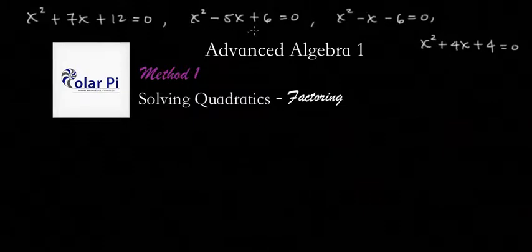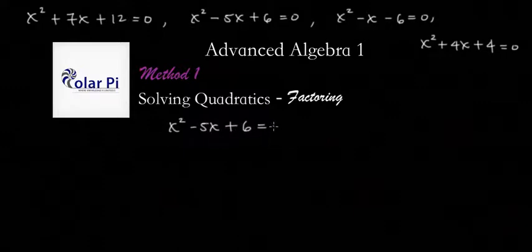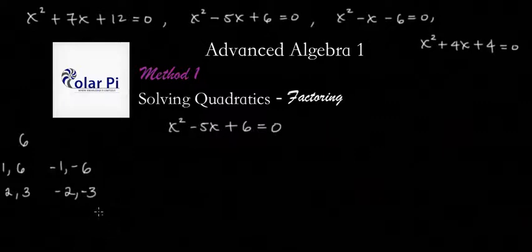So this one here, I write as x squared minus 5x plus 6 is equal to 0. And so I figure out all the pairs of numbers that multiply to 6. So that is 1 and 6, and so negative 1 and negative 6, and then 2 and 3, and then negative 2 and negative 3, and that's it.